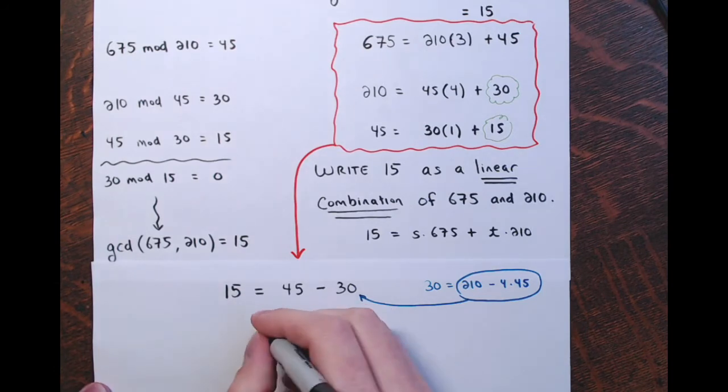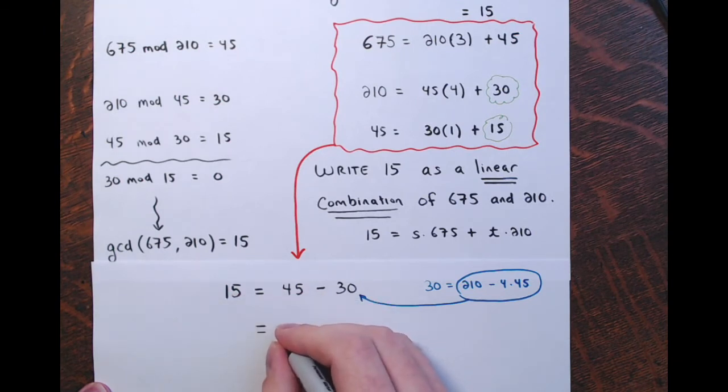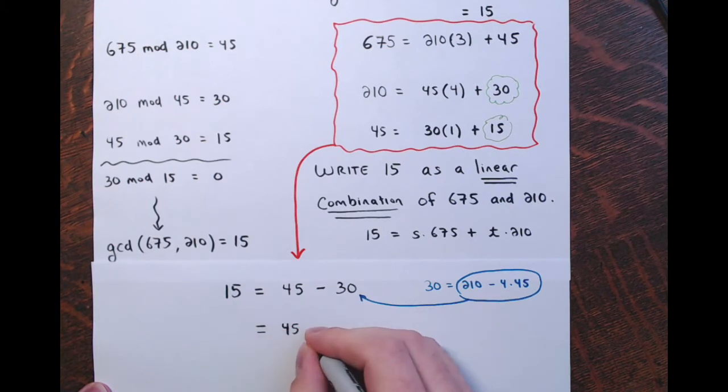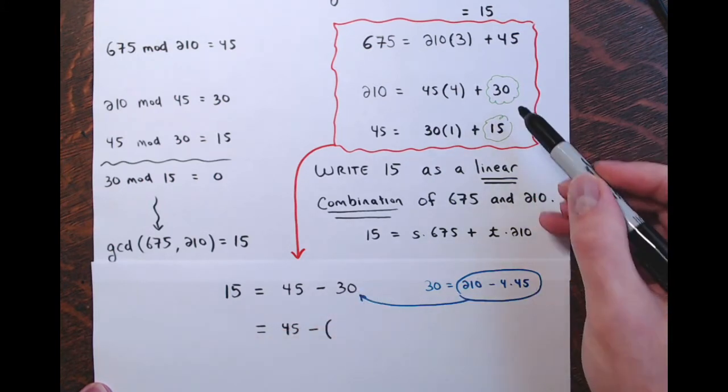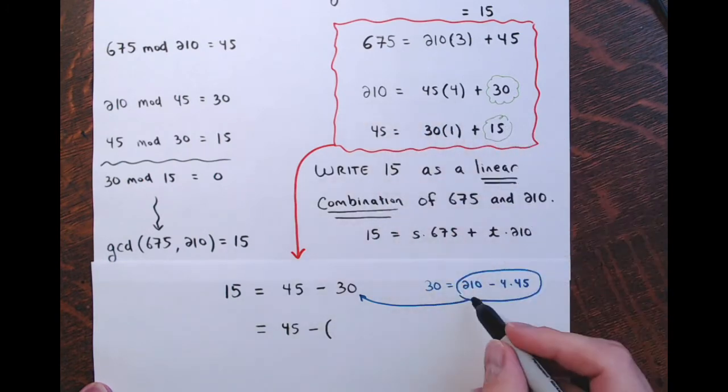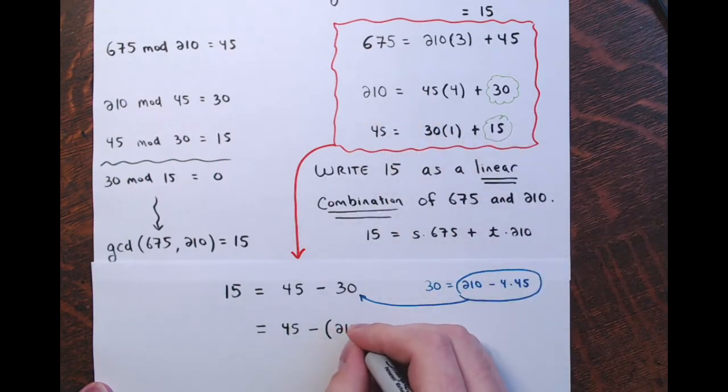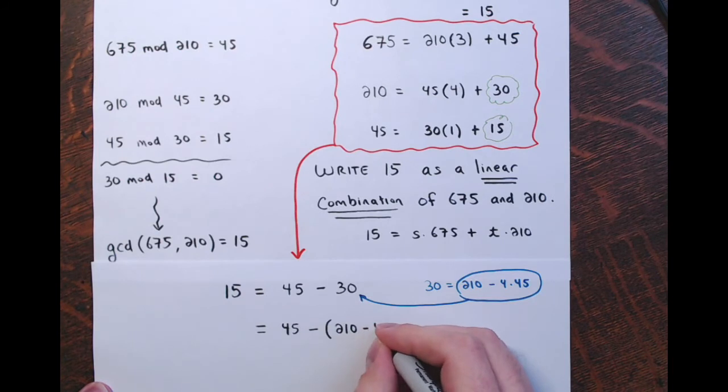So we have now 15 equals 45 minus 30, and 30, the remainder before that, solving for it in that line, was 210 minus 4 times 45.